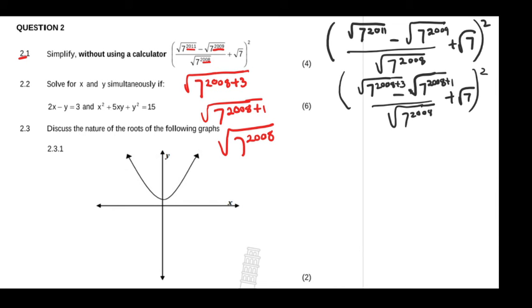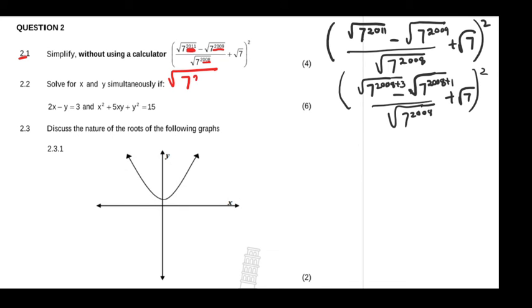So now that you've done this, this is what's going to happen. Since the first one here, we have the root of 7^2008 plus 3, right? So you're going to expand it. So meaning you're going to say the root of 7^2008 multiplied by 7 to the power of 3. So that's how it looks, right? The same goes with the other ones.